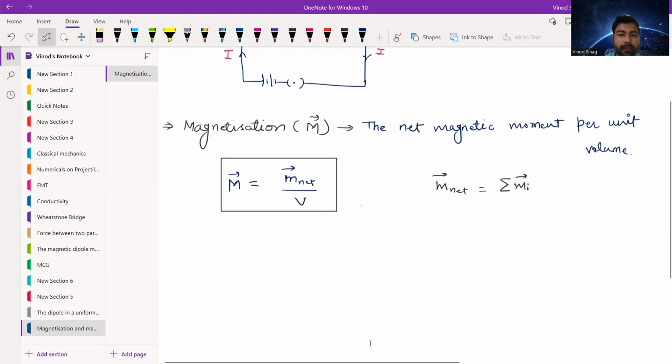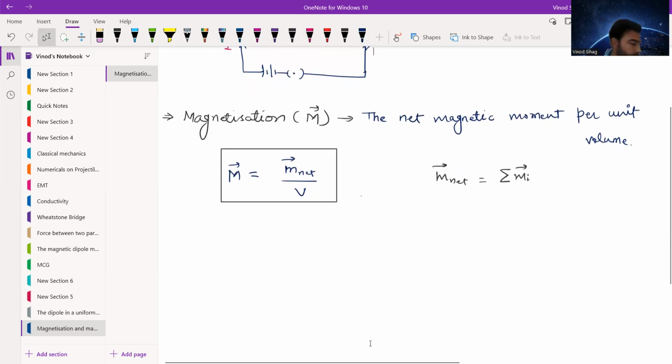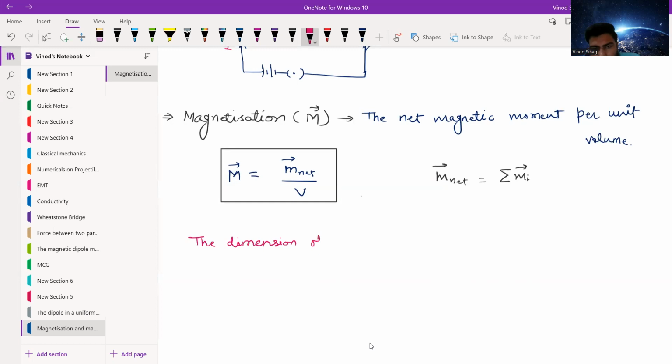First, what will be the dimension of magnetization?